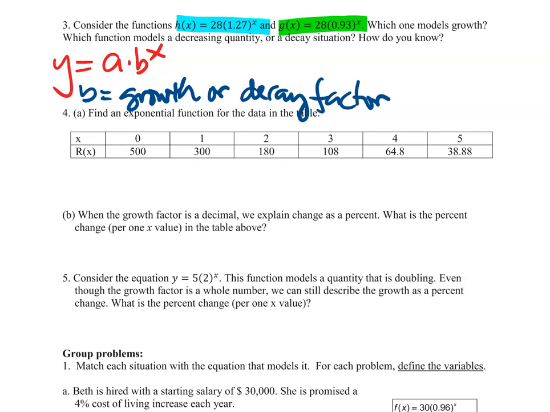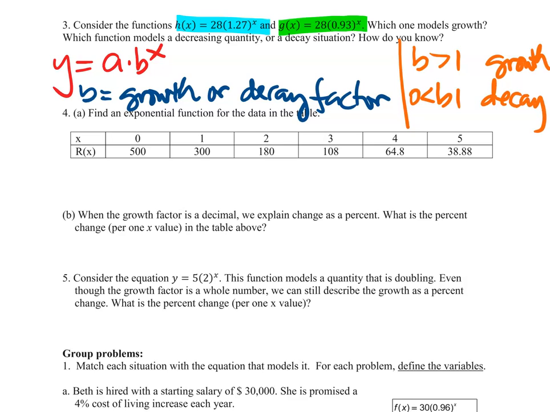So when do we know that? We actually discussed this last time. When b is greater than 1, then there is a growth. When b is between 0 and 1, then that is a decay. Okay, so don't forget that.